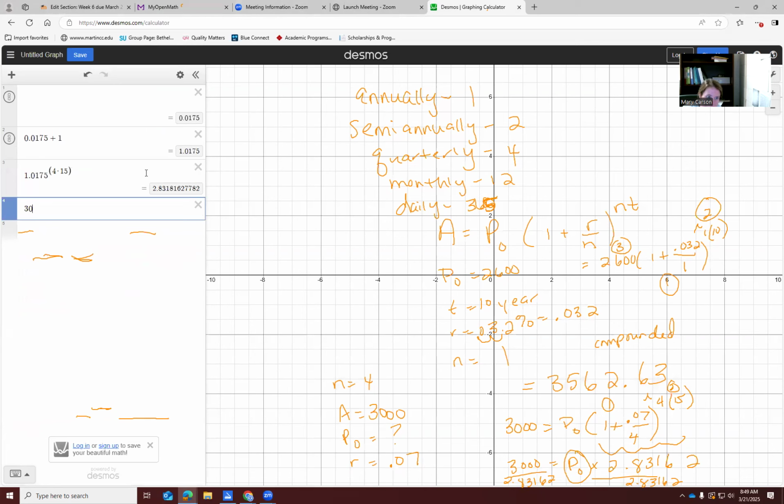So we're going to do 3,000 divided by 2.8318162. And we get that number, 1059.39 and some decimals. And remember, we want to round it to the nearest cent.